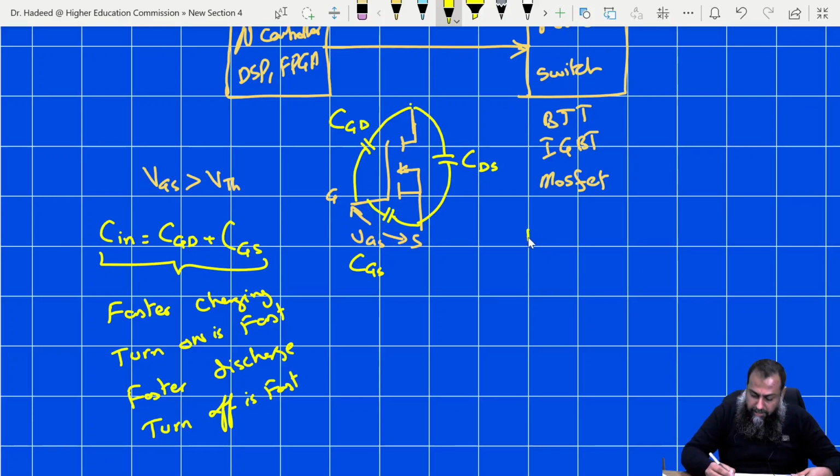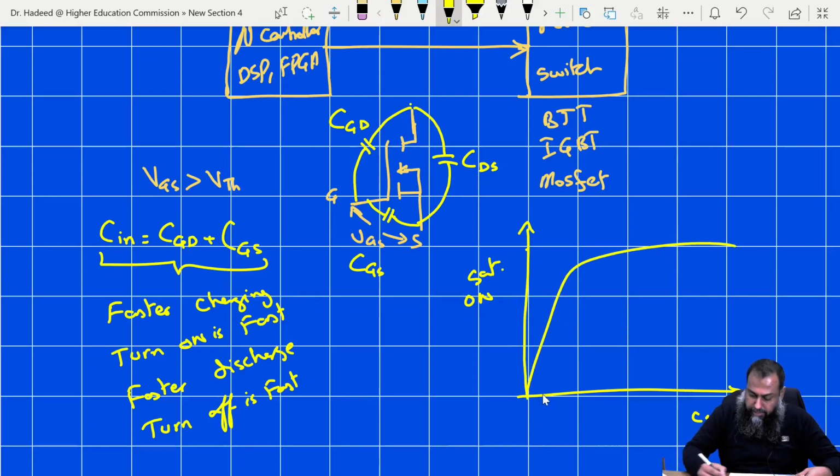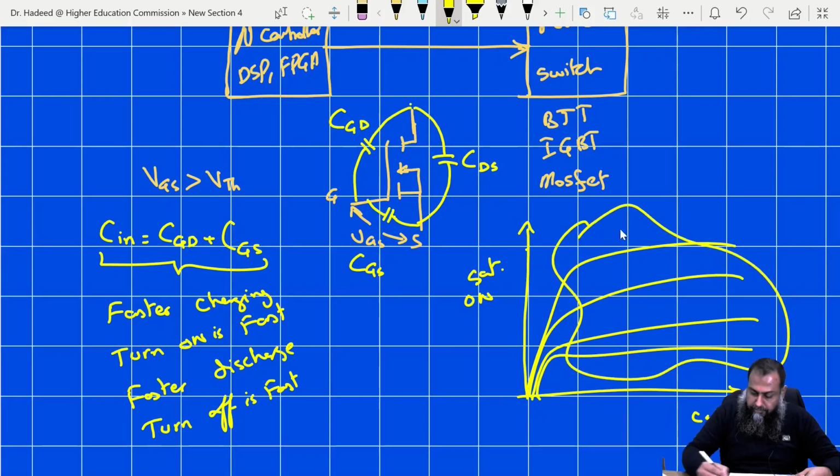So remember that whenever we are using a device, it is operating either in the saturation region or in the cutoff region. And the transition from the saturation region, or the on state, to the off state is not something where it jumps between the on state and off state. Rather, it has to cross a region which is known as the linear region.